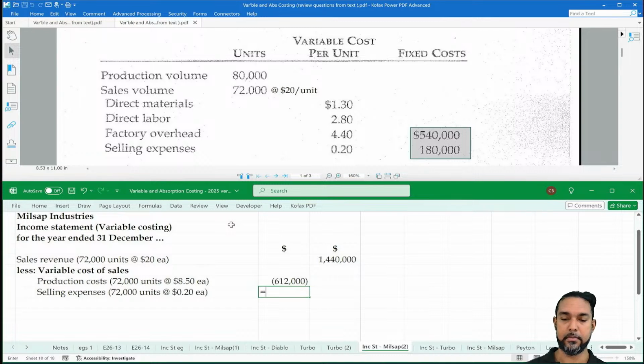So 8.5 and 14.4, we add those two together. I have 626,400, and that's the variable cost of sales.